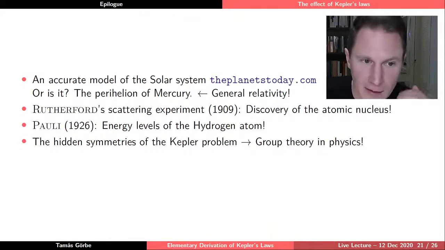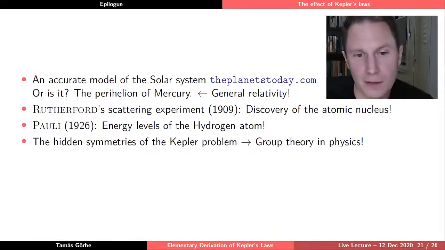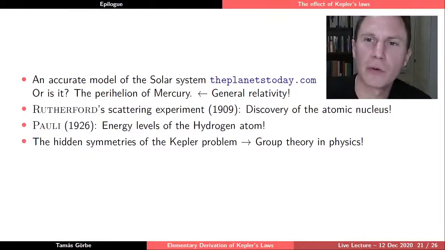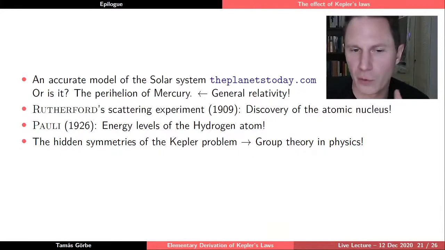And finally, we could of course always ask what's the reason behind all of these conservation laws being there in the Kepler problem. So why are the energy, the angular momentum, this Runge-Lenz vector all conserved? And it has to do with the hidden symmetries of the Kepler problem.